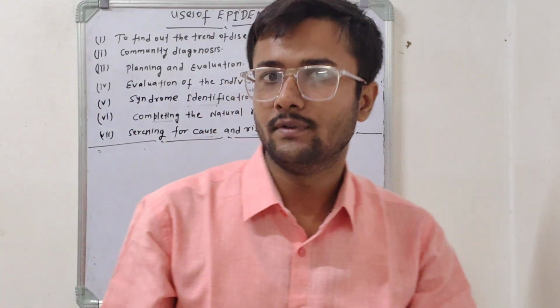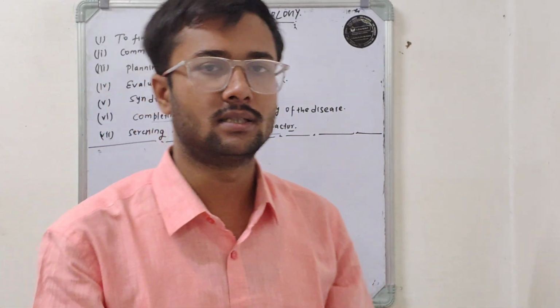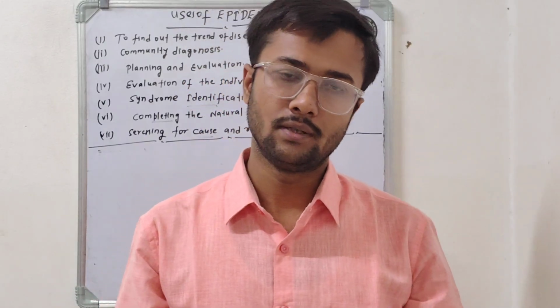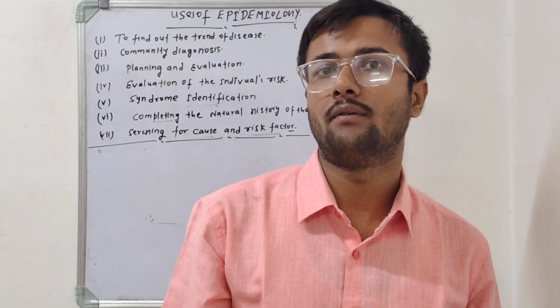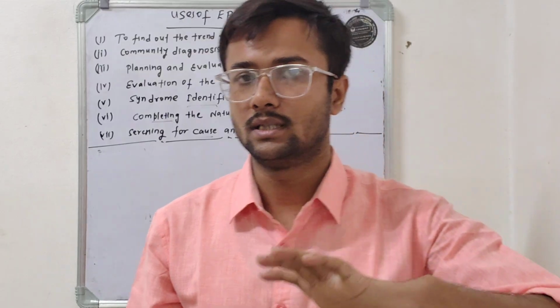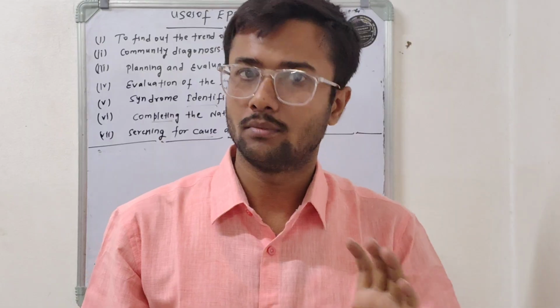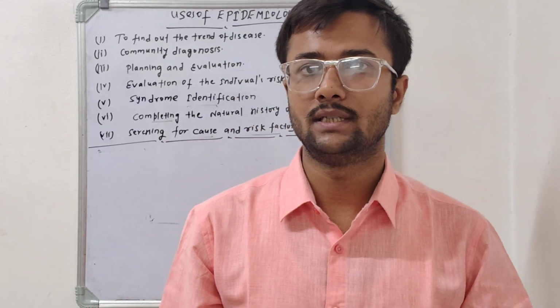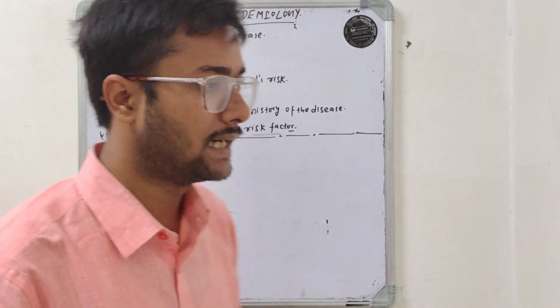So if we have knowledge that in our community most of the people are affected by that disease, we first diagnose the condition, that in our community which disease is more common, or most of the people are affected by which disease. This is one of the examples of community diagnosis.